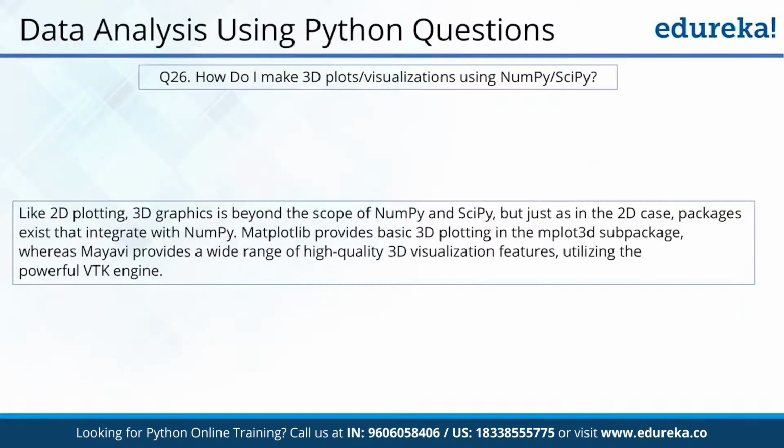How do I make 3D plots or visualizations using NumPy or SciPy? Like 2D plotting, you have 3D plots, but you've got a basic 3D plot called the mplot3d subpackage, which is part of your Matplotlib package. There is another package called MayaVi, which provides high quality 3D visualization features.